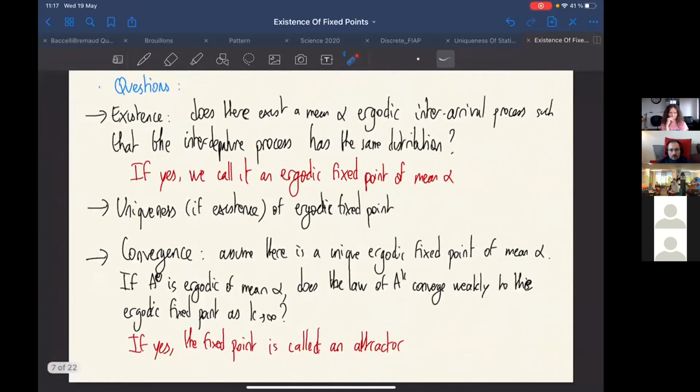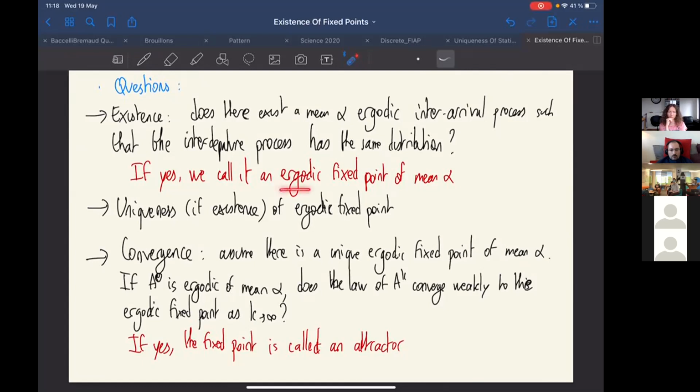So the questions that we now want to answer on these models are, first, existence of fixed points. Namely, if you have an ergodic inter-arrival process with mean alpha, does there exist such an inter-arrival process such that the inter-departure process has the same distribution?